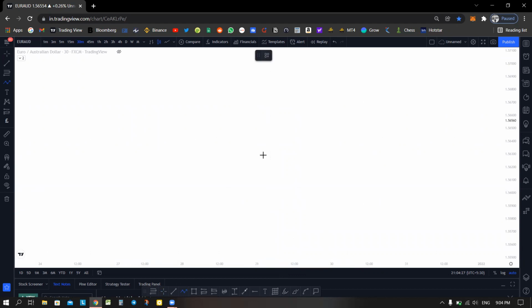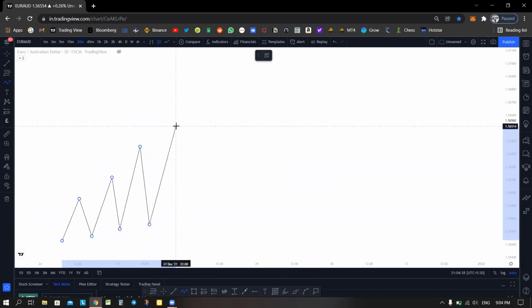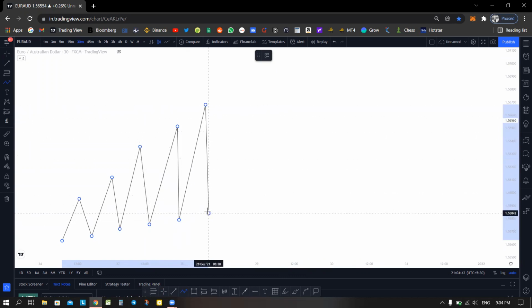What exactly is an order block? If price is making higher highs and higher lows in an uptrend, and the same pattern continues, I'm talking about a bullish order block.